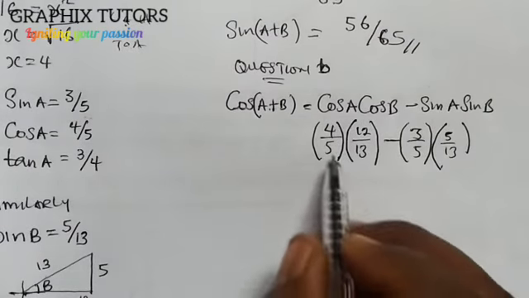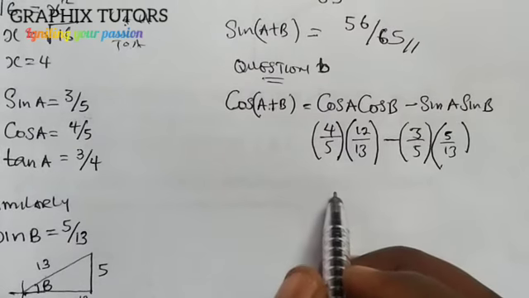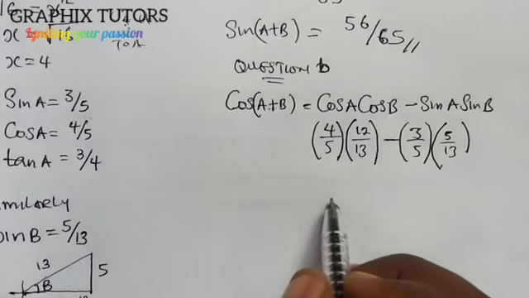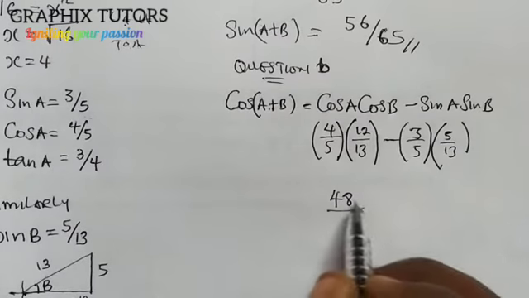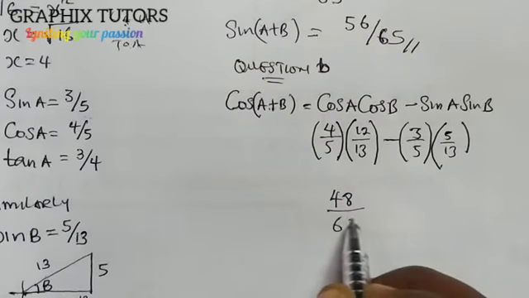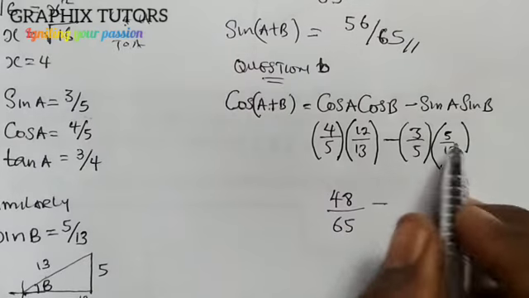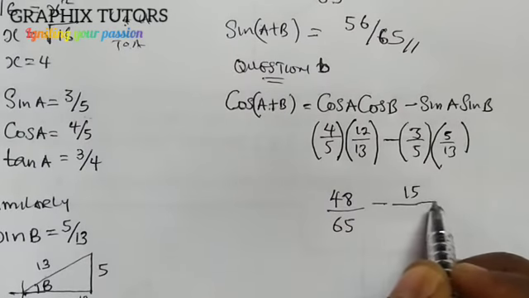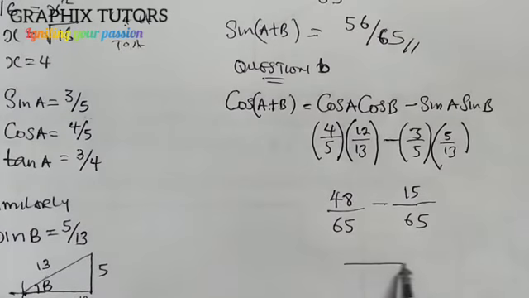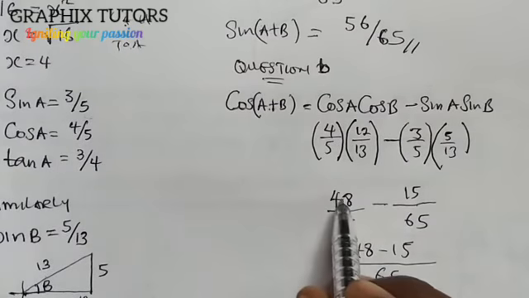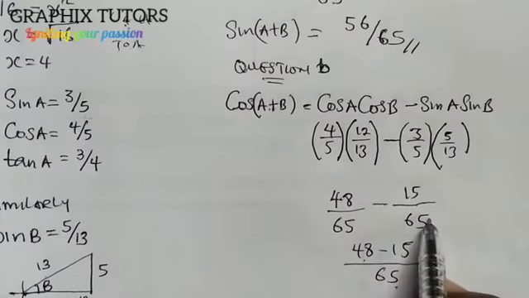So if you multiply 4 times 12, that will give me 48, all over 5 times 13, which is 65, minus 3 times 5 is 15, 5 times 13 is 65. So if you look for the LCM, it is 65, so we're having 48 minus 15. 65 and 65 is 1, 1 times 48 is 48. 65 and 65 is 1, 1 times 15 is 15.